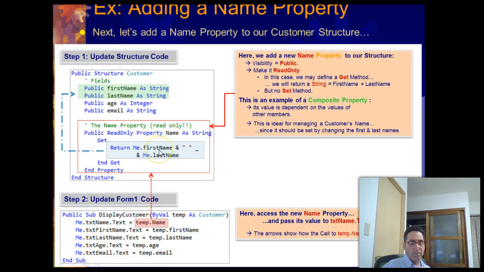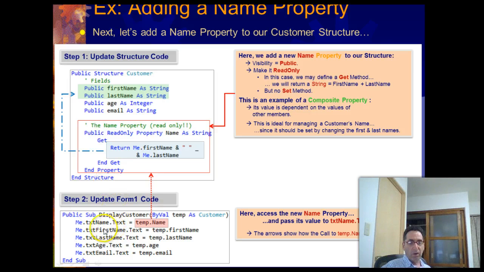And then first name. me.firstname means, me refers to the structure, and me.firstname means the first name of the structure, and me.lastname means the last name of the structure, and we're just concatenating first name and a space and something, I guess that's a hyphen, and the last name, right? And then end get and end property. Okay, so we're defining a property like this, and then we have the end of the structure here.